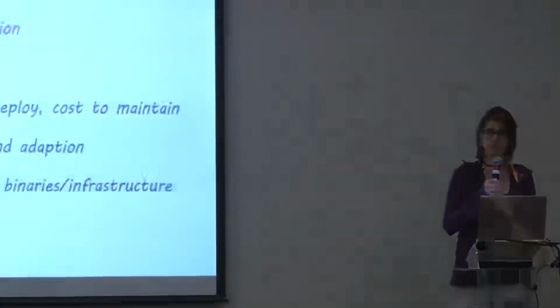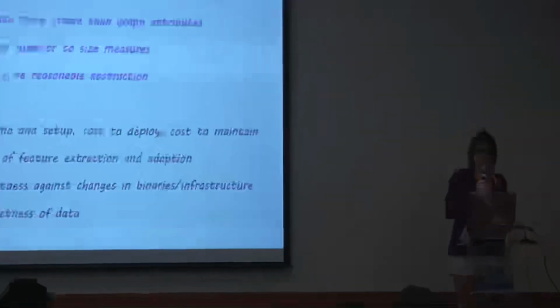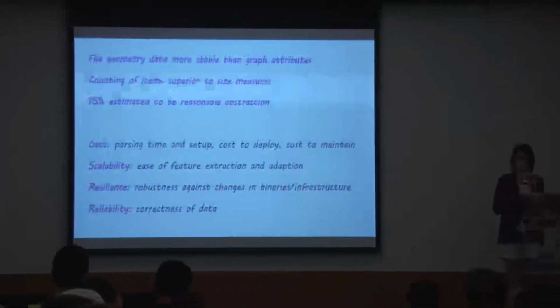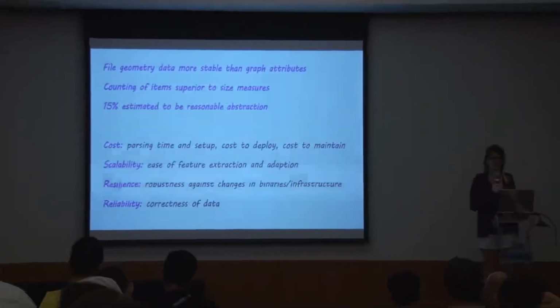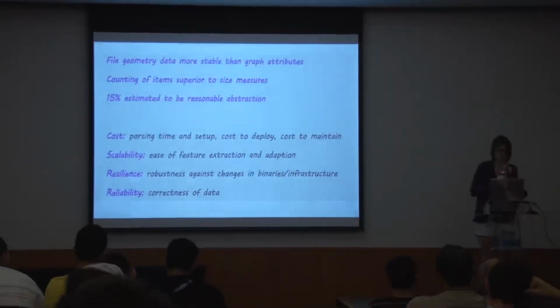We want the metrics to be scalable, so we want the features to be easy to extract and to be easily adapted to new challenges in malware. We want them to be resilient against little changes in the binary, as for example would be a change in compiler settings. And we want them to be reliable, which is currently the biggest problem. As mentioned before, Radare2 is, well, getting along, let's put it like that.